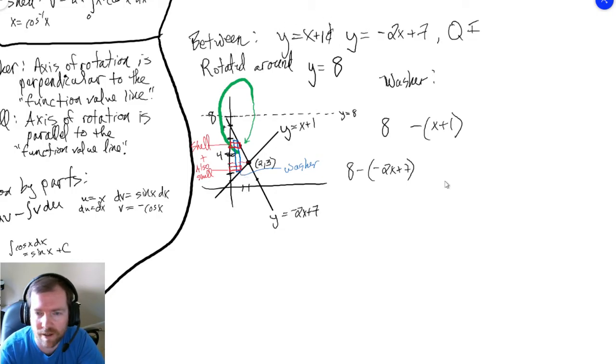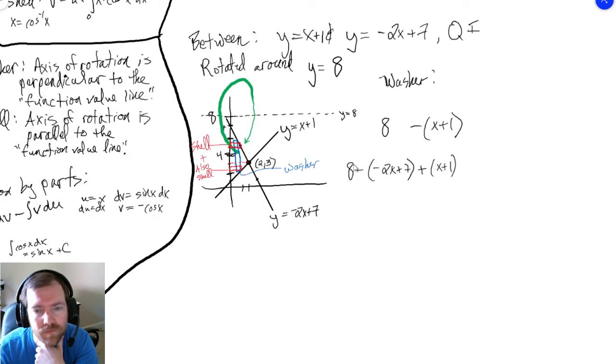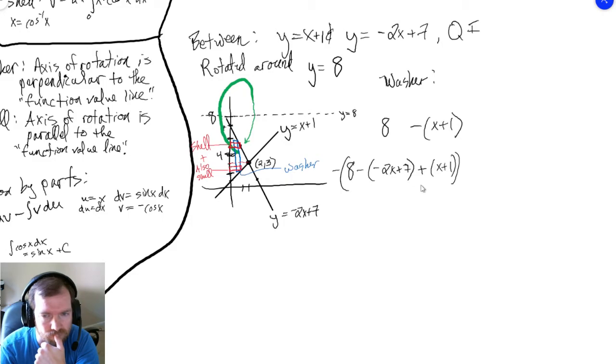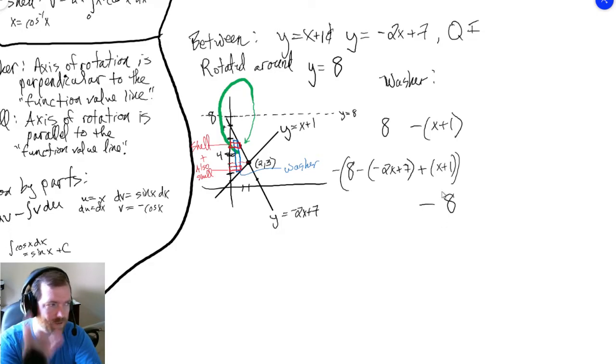So add back x plus 1. So now we want the negation of this in order to get the inside, because this is defining everything that is outside of our rectangle. So then what is this? This is going to be minus 8 on the end, because we're trying to find the distance from this stuff to 8.